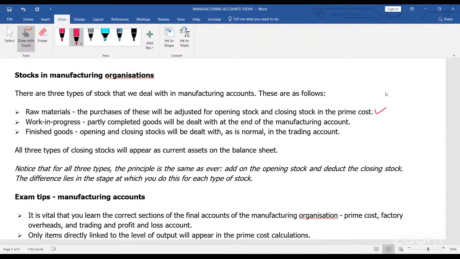So at the end of the period, you may find that we still have unused raw materials. So we may have inventories of raw materials. So the purchases of these will be adjusted for the opening stock and the closing stock in the prime cost.